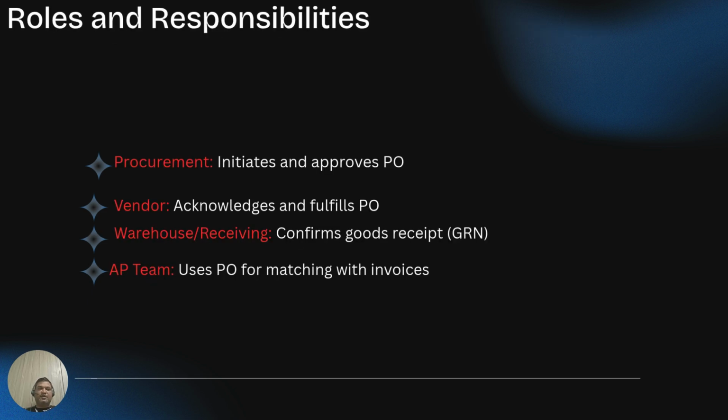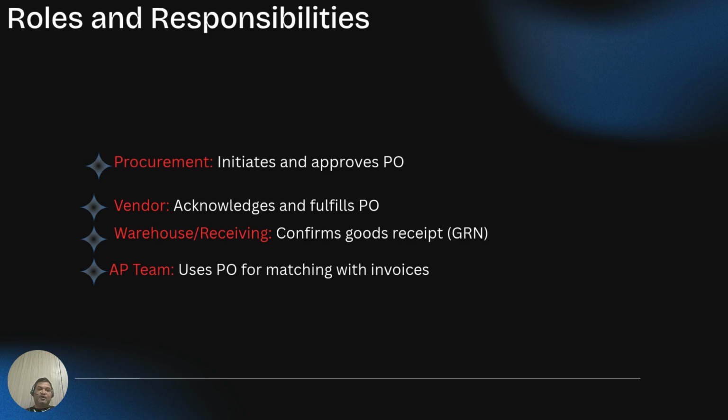Now, let's understand what are the roles and responsibilities within the PO process. The PO process starts from the procurement team who initiates and approves the PO, which means they wanted to buy something and then they create a requisition. Next is the vendor. Once the PO is ready, it is sent to the vendor.